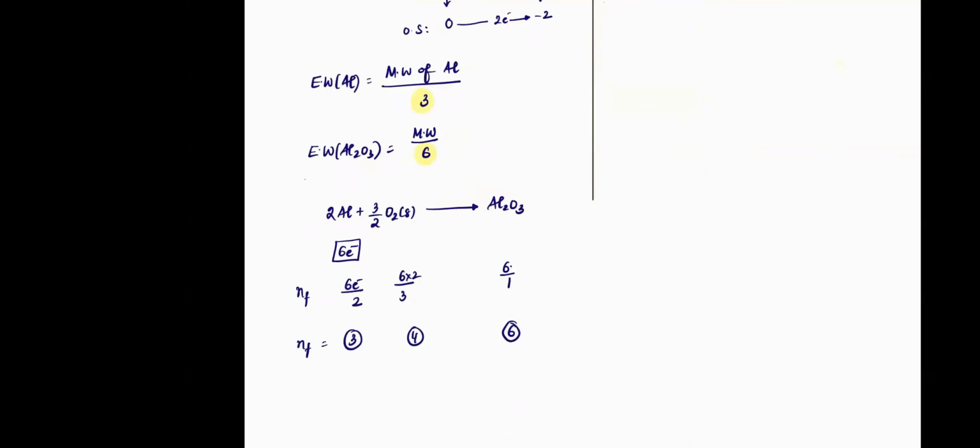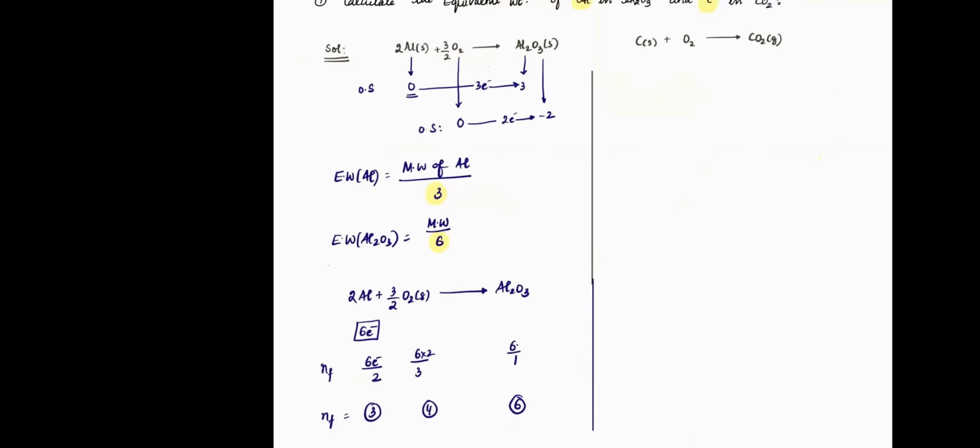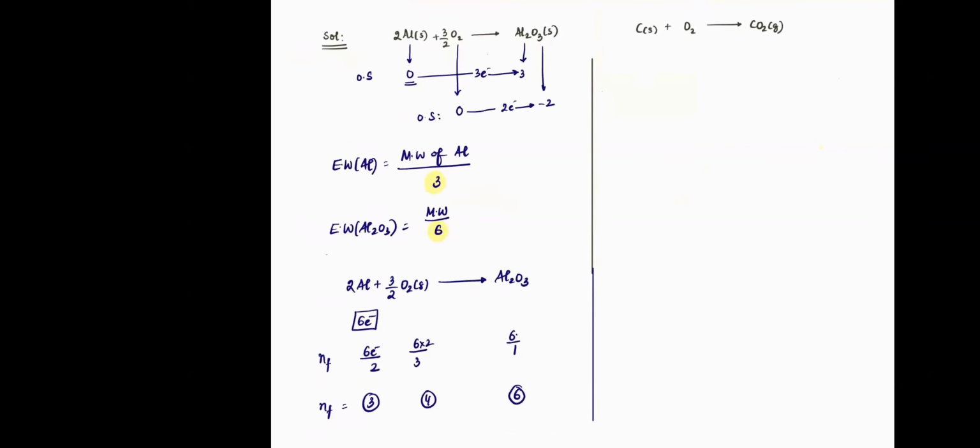Clear? This is a very standard algorithm. You will never go wrong if you go with the algorithm. Okay? Everybody understood how to go about it? So simply check the valency factor of any one piece which is known. Usually you will know it very easily from the equation.